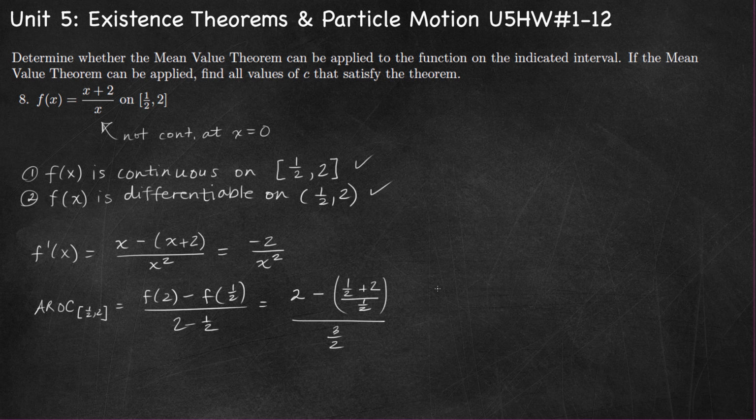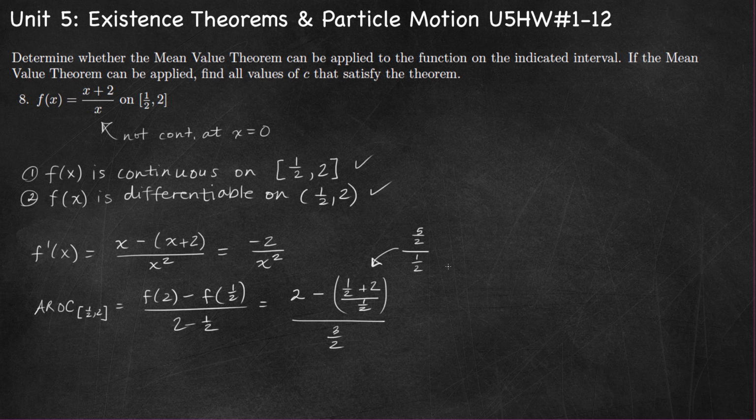Now there's a couple different ways we can proceed to simplify this. If we want to just work with this part first and simplify that, 1/2 plus 2, 2.5, is 5 over 2. So I have 5 over 2 divided by 1 over 2. When you're dividing fractions with the same denominator, the denominators are just going to cancel out. So this is going to simplify to just 5.